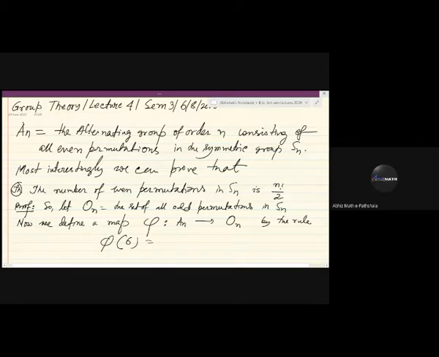The transposition is, suppose, (1 2). So we multiply (1 2) with sigma. Since sigma is an even permutation, it is a product of an even number of transpositions, and we multiply one more transposition to sigma. Therefore (1 2) sigma is an odd permutation. I think it is clear. So this is the map.